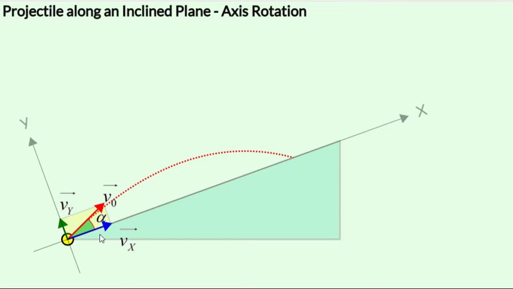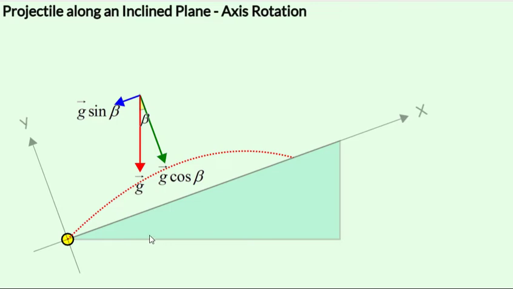But what about the acceleration? Would that also change? The acceleration due to gravity will keep acting downwards, whether an incline is present or not. But when the x and y axes were horizontal and vertical respectively, since a vertical vector will not have any horizontal component, we took advantage of the fact that there was no horizontal acceleration.